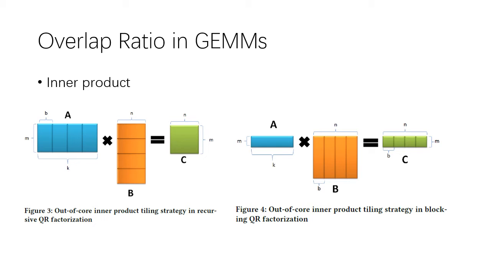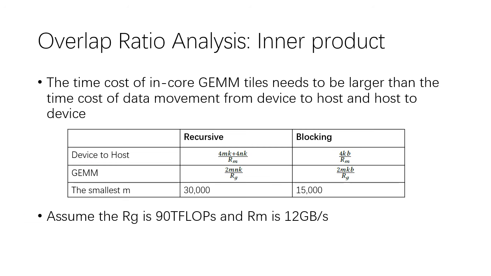In the recursive GEMMs, we divide both A and B into several blocks and let C be stored on the device. While in the blocking algorithm, we let A be stored on the device and divide B and C into blocks. Assume the GPU TensorCore rate is 19 teraflops and the data movement rate is 12 GB per second, and we want the time cost of GEMM to be larger than the time cost of moving the data.